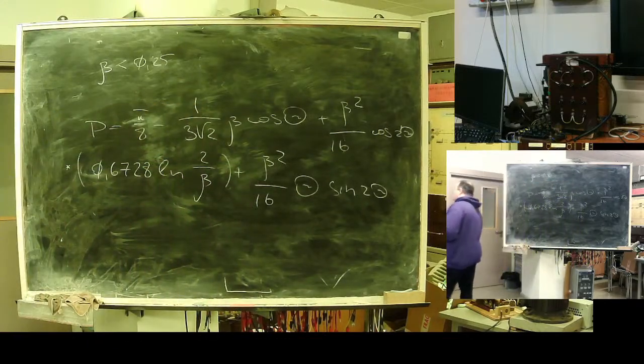Not an easy formula, isn't it? And it's an approximation, and it's for small betas.